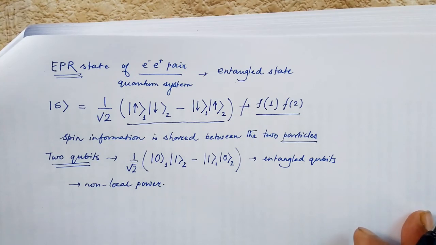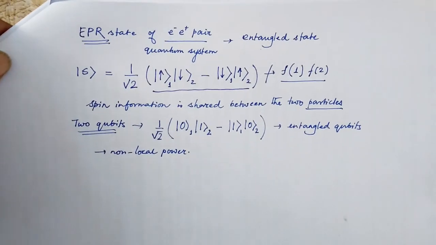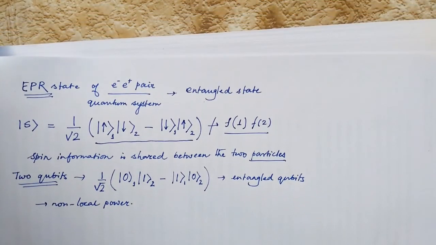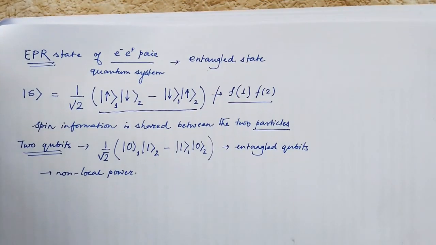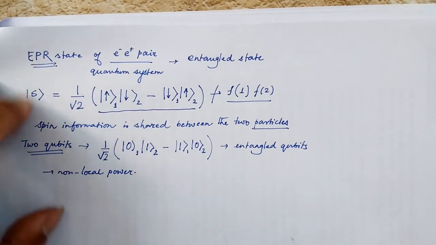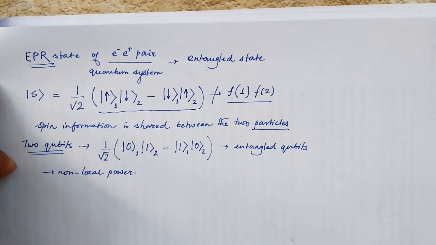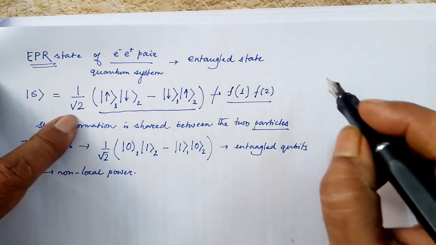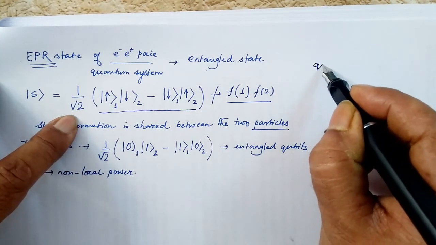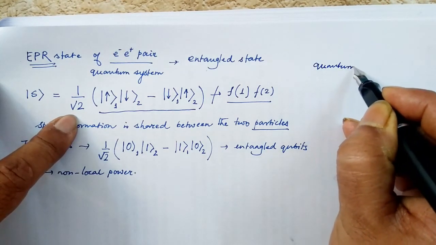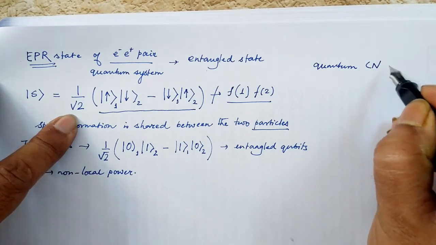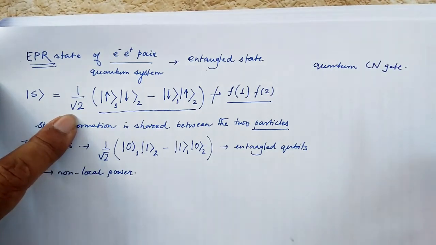So how do we entangle states in quantum computing? We have seen how we define these gates in quantum computing before. So let us try to remember the quantum CNOT, or controlled NOT gate.